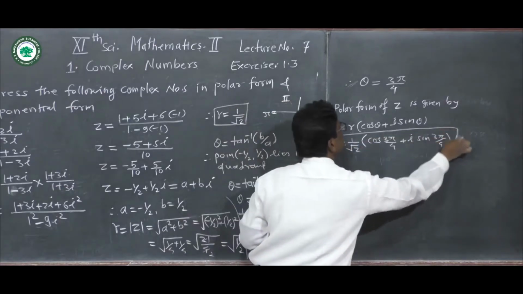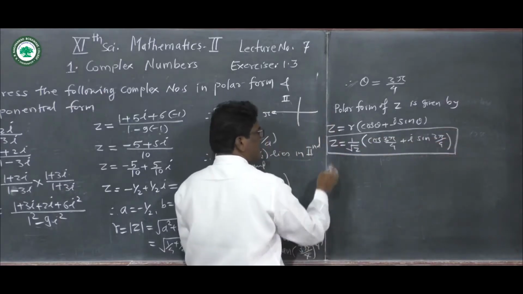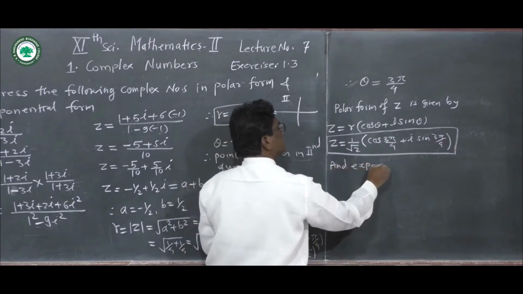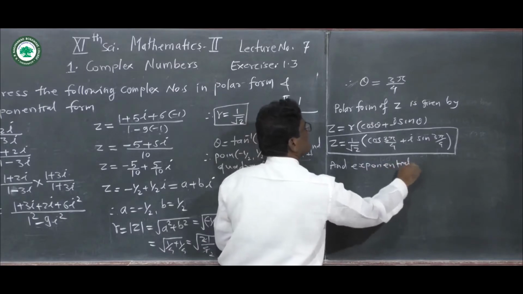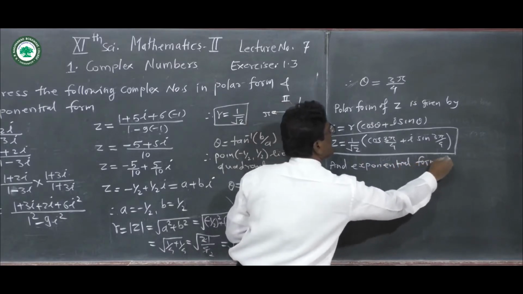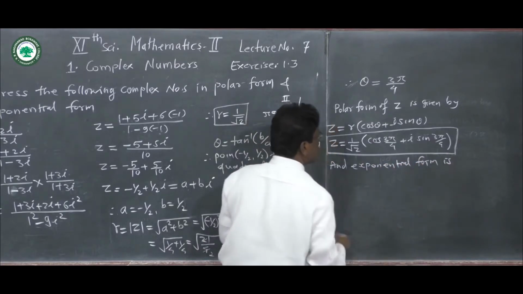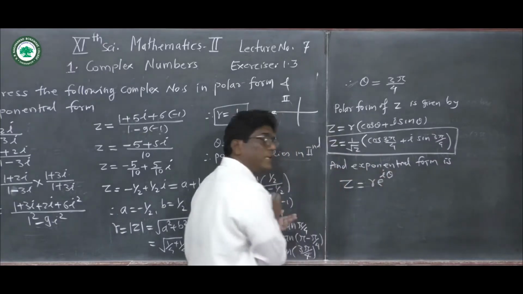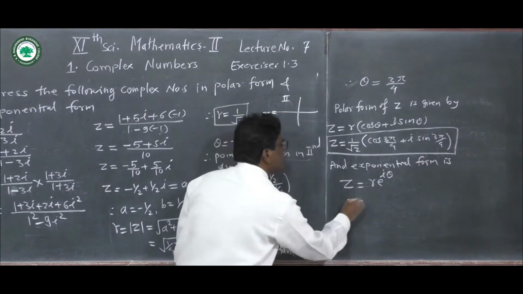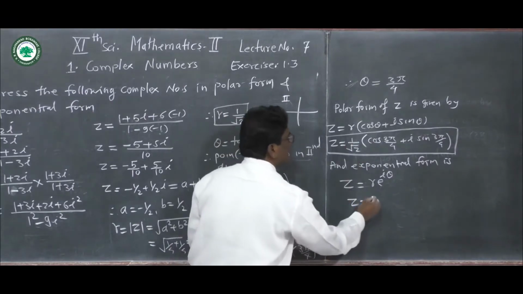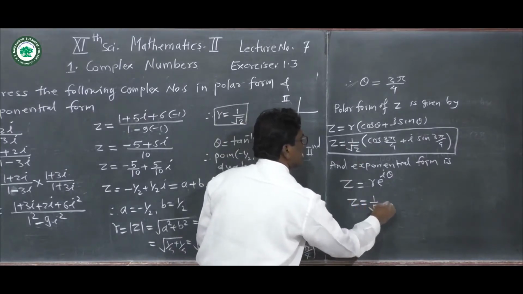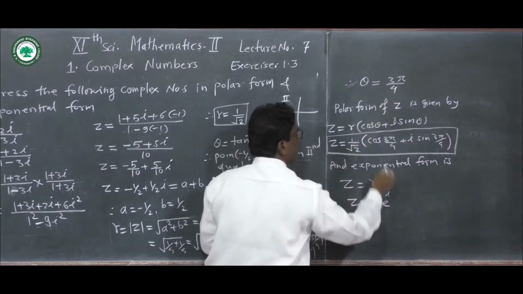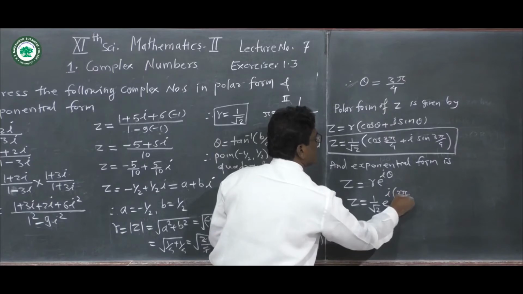Highlight this solution. And the exponential form is given by Z is equal to R into e to the power I theta. Put the value of R and theta. So Z is equal to 1 upon under root of 2 e to the power I, and put the value of theta, 3 pi by 4.